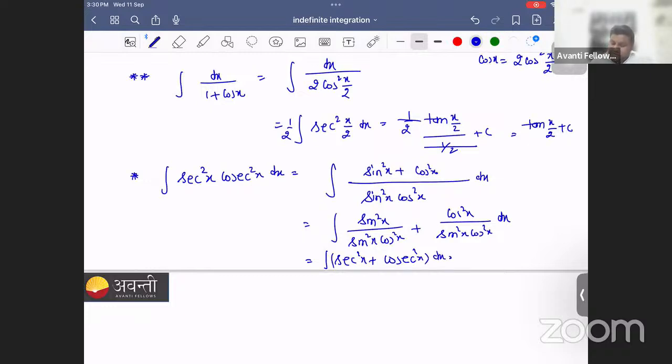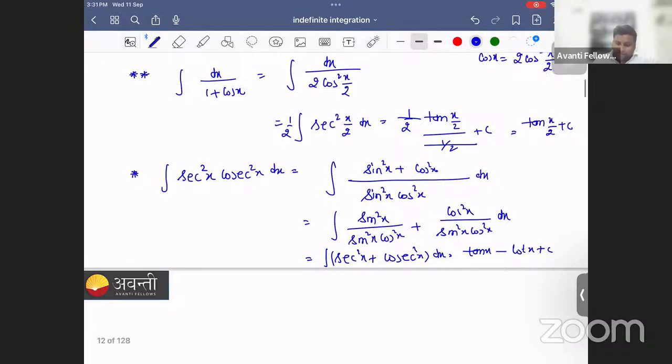Now sec square x integration is tan x plus cosecant square x integration is minus cot x plus constant. And very good, somebody answered correctly. Got it?